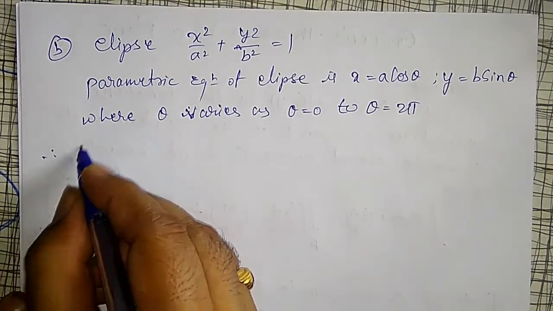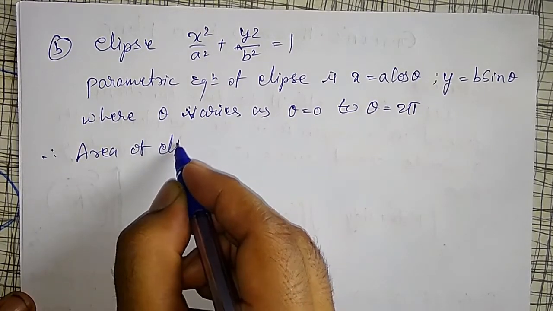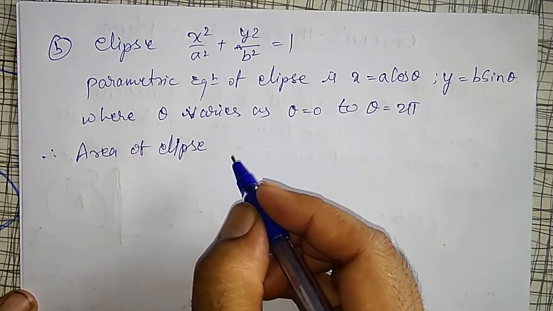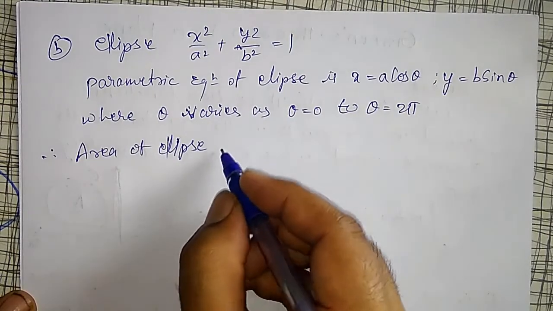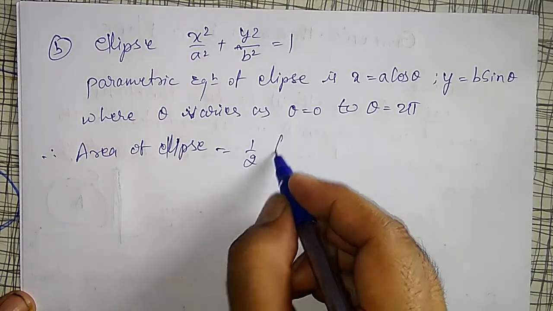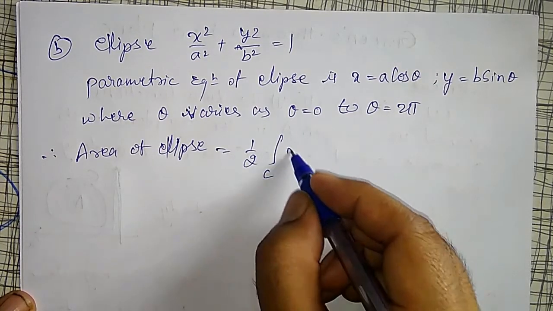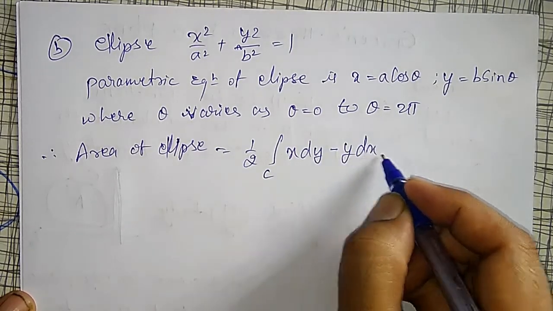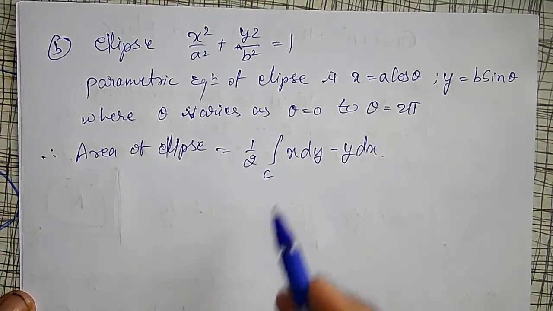Therefore, the area of the ellipse is equal to 1 by 2 times the integration over the closed curve C of x dy minus y dx. This closed curve C bounds the area.